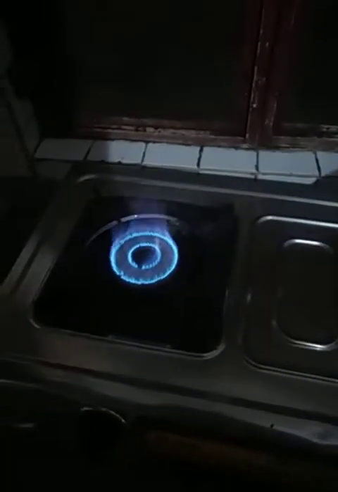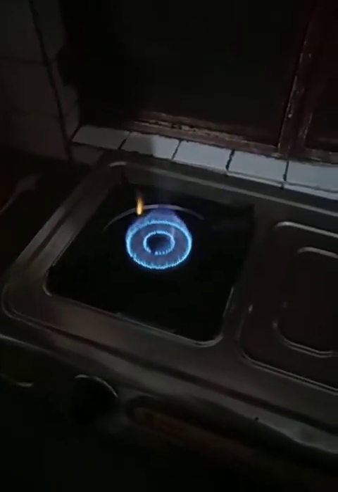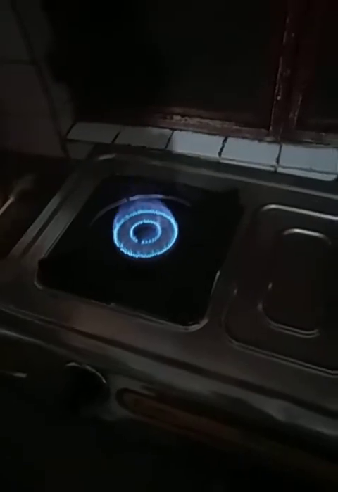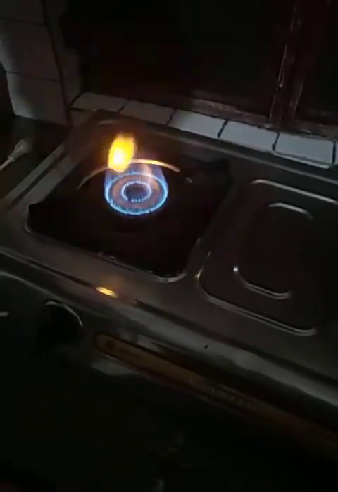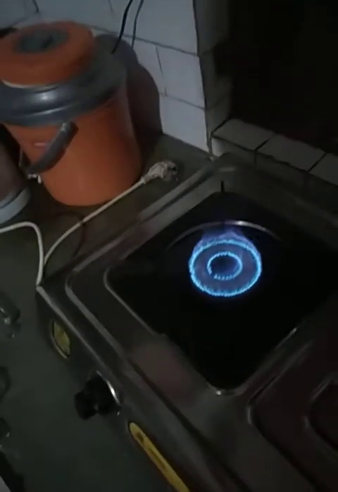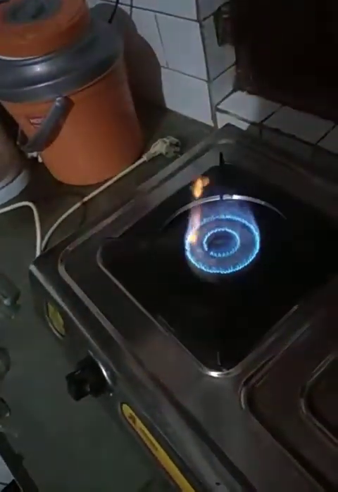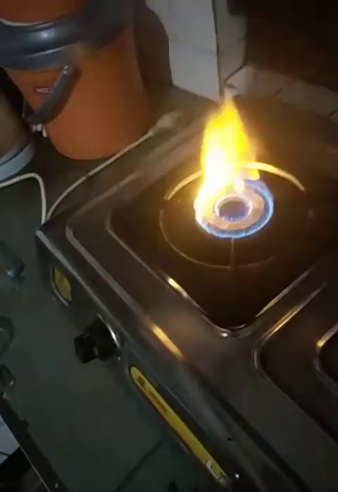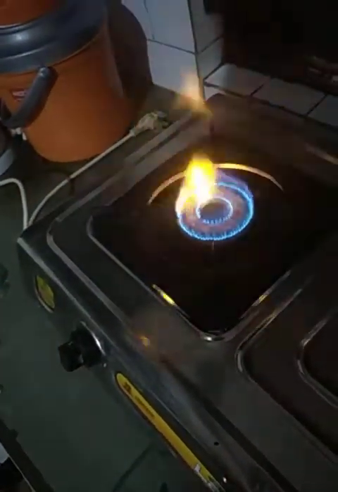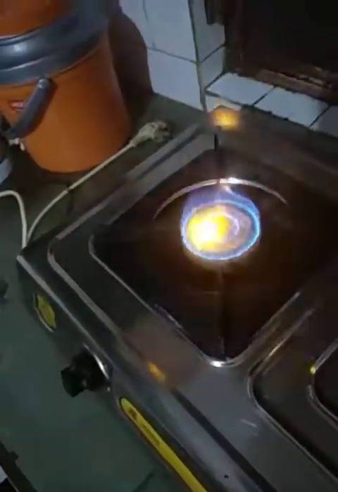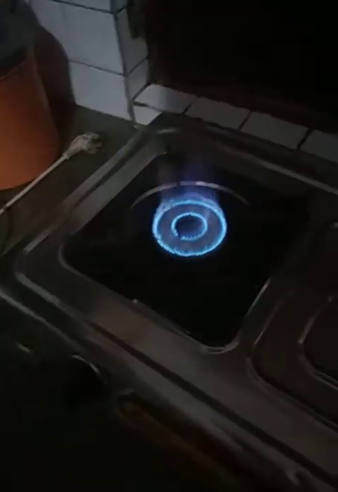You can see some color. Let me show you the color once again in the white light, because the light of the mobile does not make it clear. What color do you observe, my dear students?